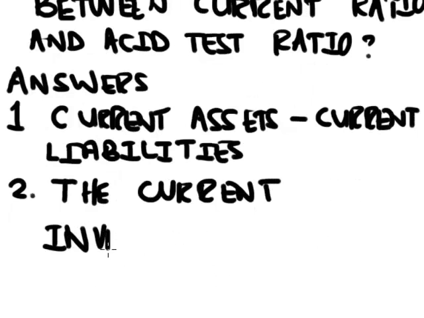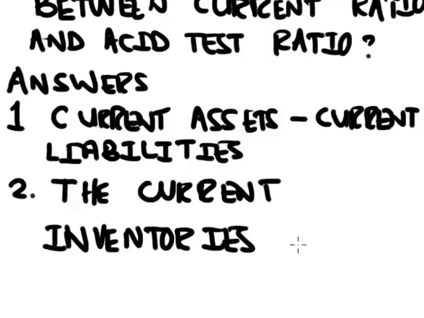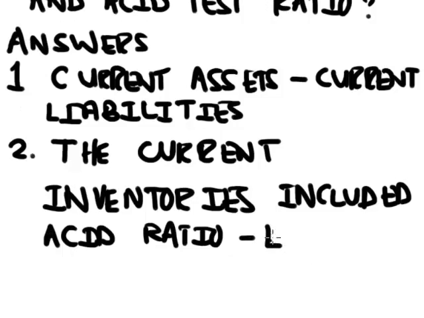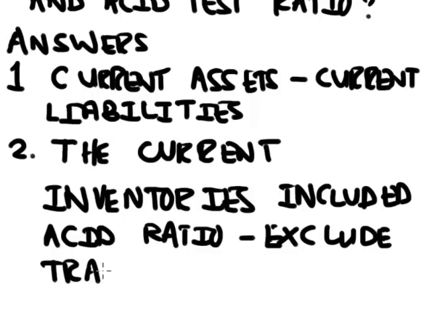So when we are doing the current ratio, our inventories, namely our trading stock, is included in the calculation. And when we are doing the acid test ratio, then we exclude our trading stock.